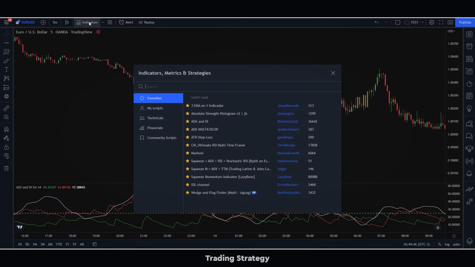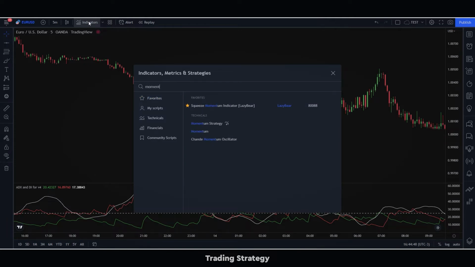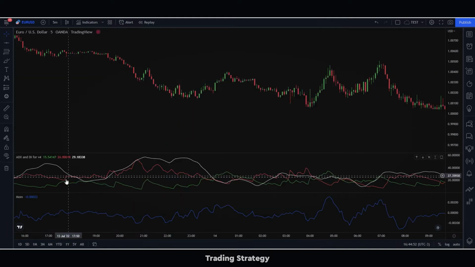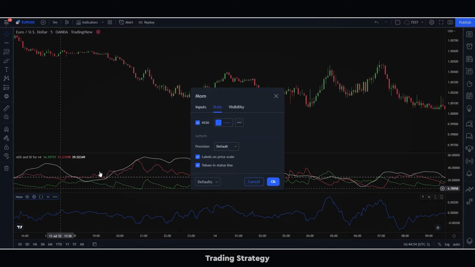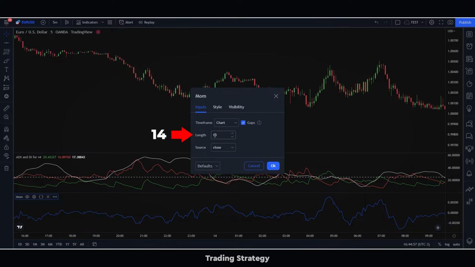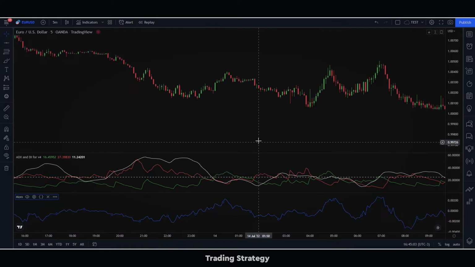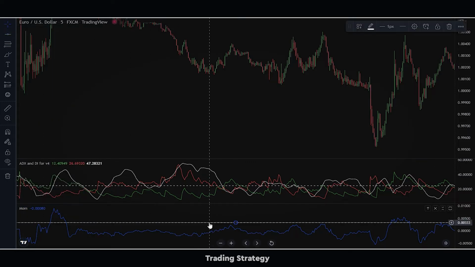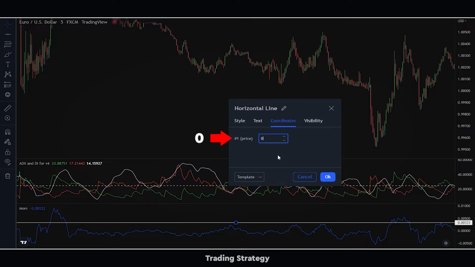Then we will select the momentum indicator and we will put the parameter of 14. We will place this line at the level of 0. For this, we will double-click on it, and in coordinates, we will put 0.